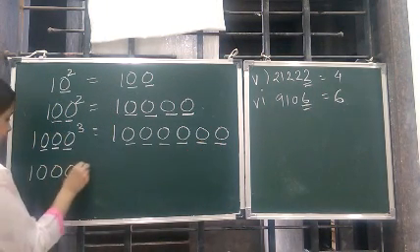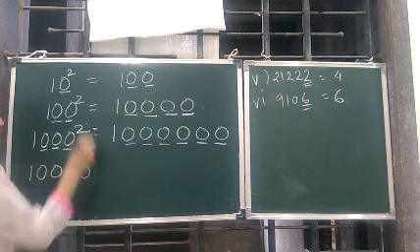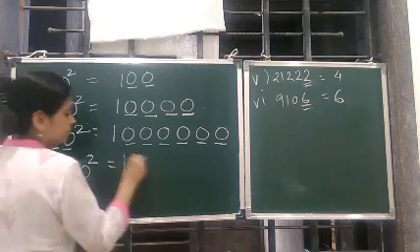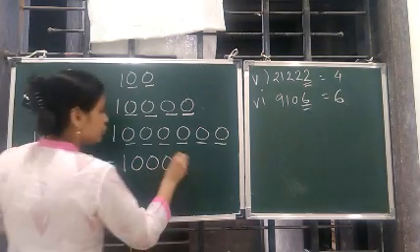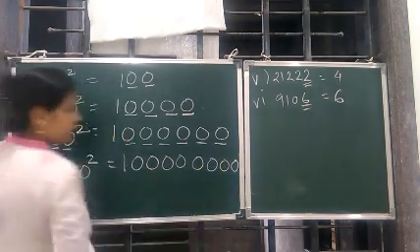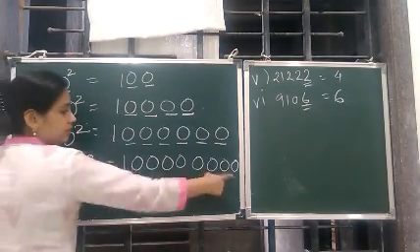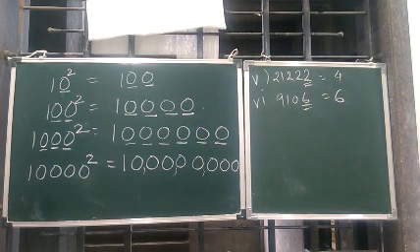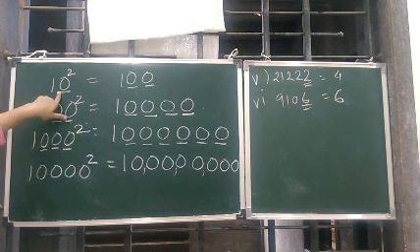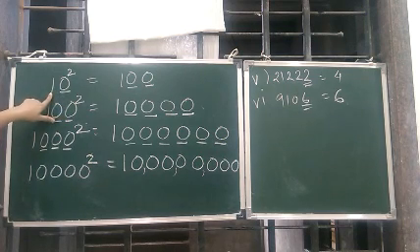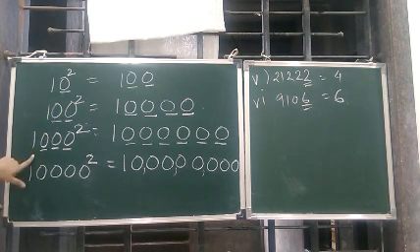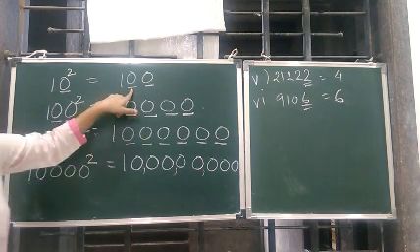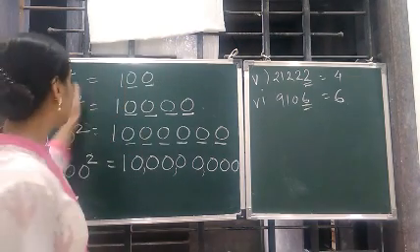Similarly, we are studying squares. Square of 10,000: how many zeros are there? 4, so here there should be 8 zeros, double of 4 is 8, that is 10 crores. So this is one property: when a 0 is there in the end and we are multiplying with tens, hundreds and thousands, the zeros come 2 times in the square of the given number.